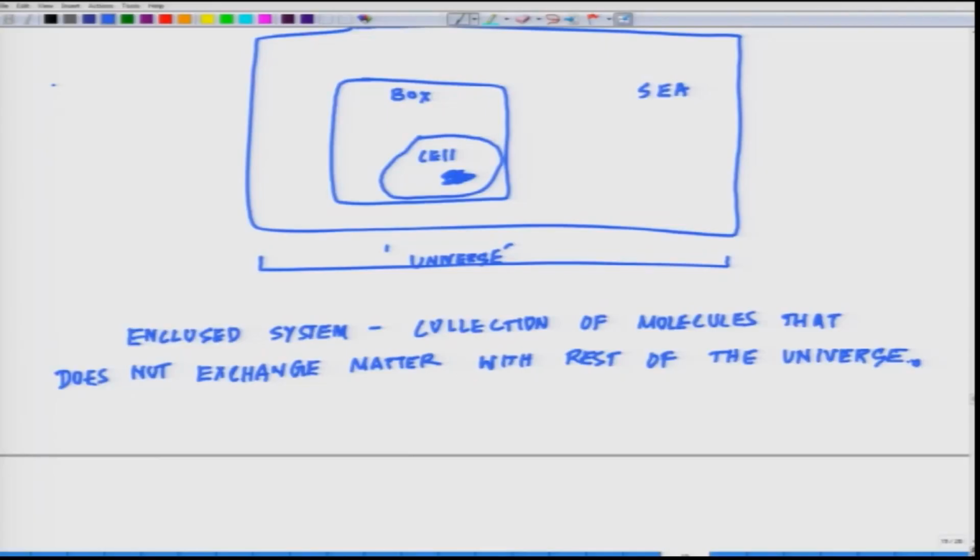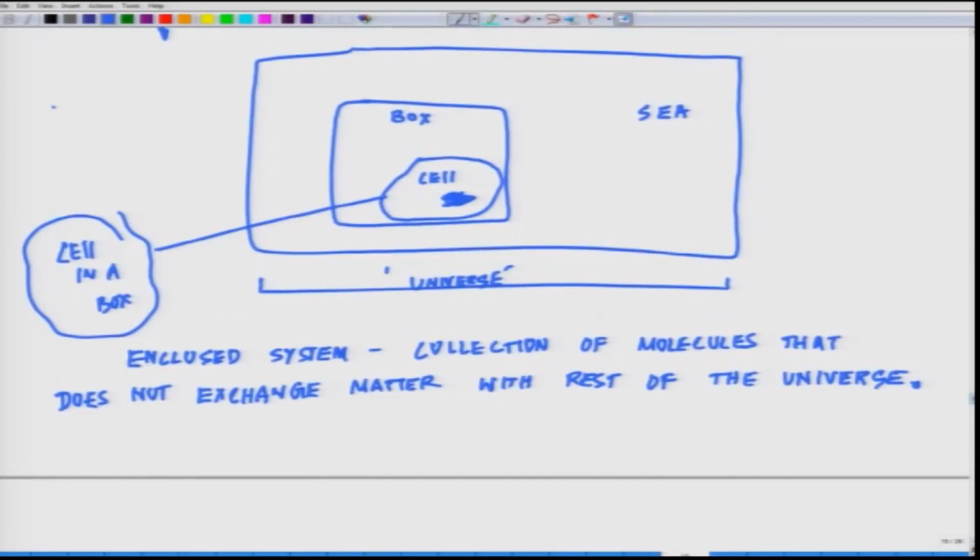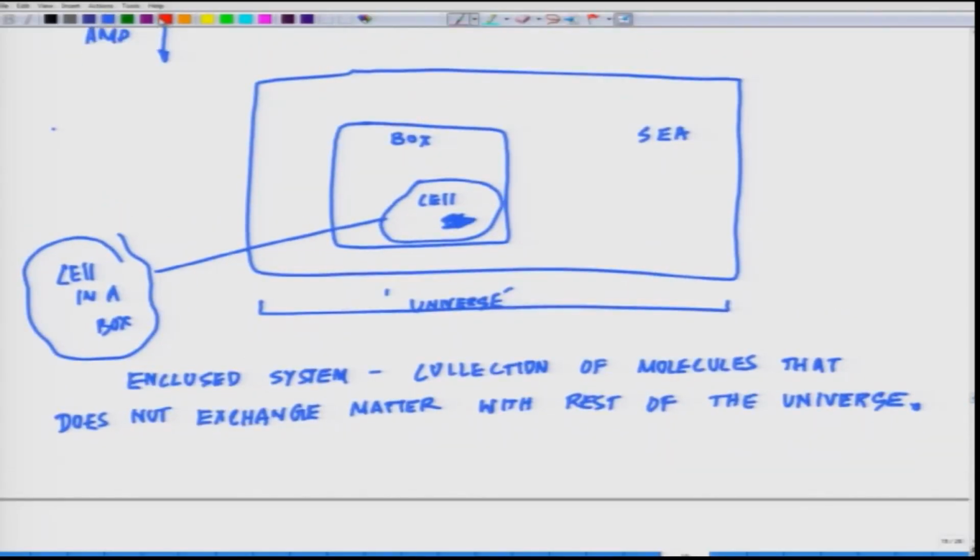So, keep that in mind, it does not exchange any matter with the rest of the universe. For example, this is the case of a cell in a box. Any such system will contain molecules with a total energy of E. Such a system will have a total energy of E.